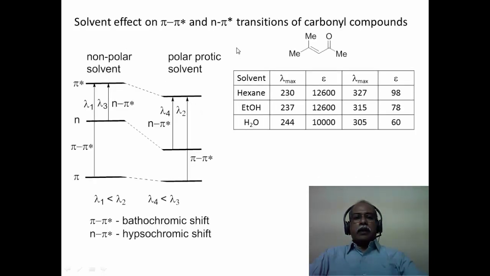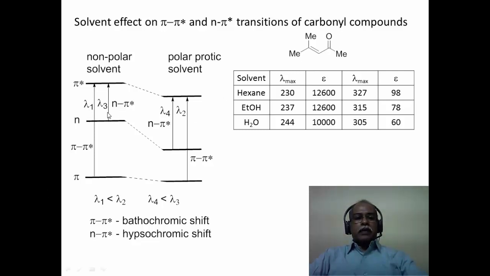Now let us have a look at the solvent effect on the pi to pi star and n to pi star transitions of a carbonyl compound. The pi to pi star is an allowed transition and the n to pi star is a forbidden transition, and they have their own solvent effect. If these are the energy levels of the carbonyl functional group in a non-polar solvent, let us say for example hexane, then this would correspond to the pi to pi star transition, which has a higher energy, so lower wavelength, and let us call it lambda 1.